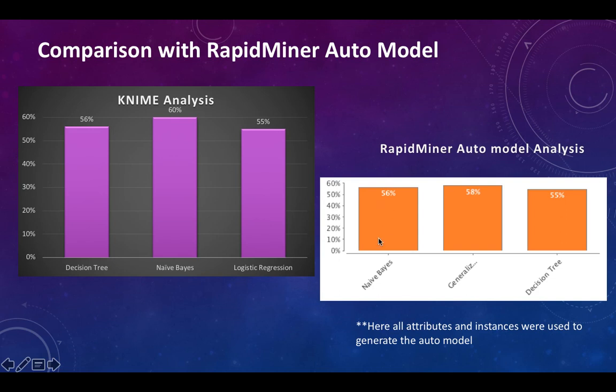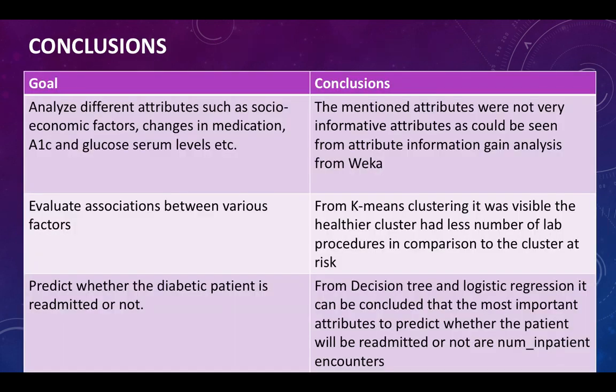And the other thing with RapidMiner was I did not exclude any of the attributes, any of the missing values, and any of the instances. So it was using the original data set, which makes me believe that the analysis which I did in KNIME was correct, because those attributes or those missing values were not giving any important information for prediction.